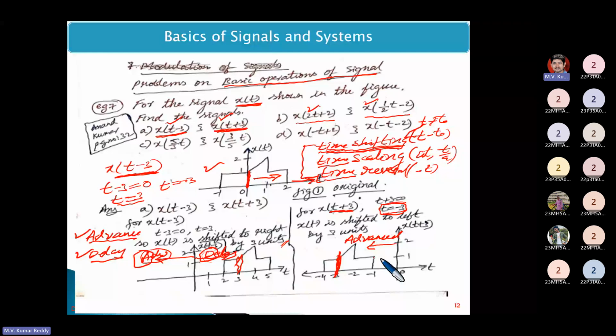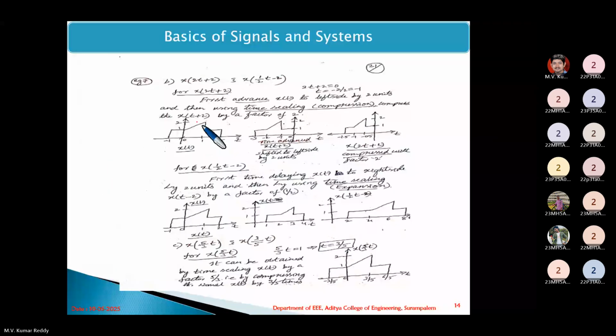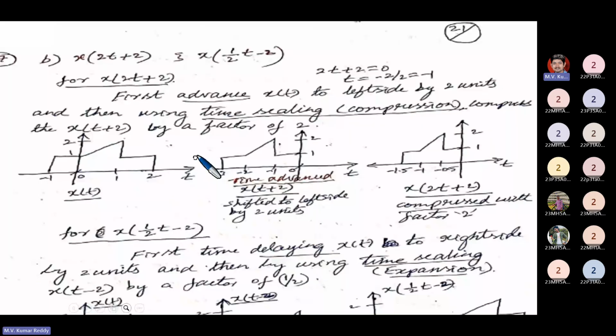Next, the second one, first option: x of 2t plus 2. What is the first step you are doing?